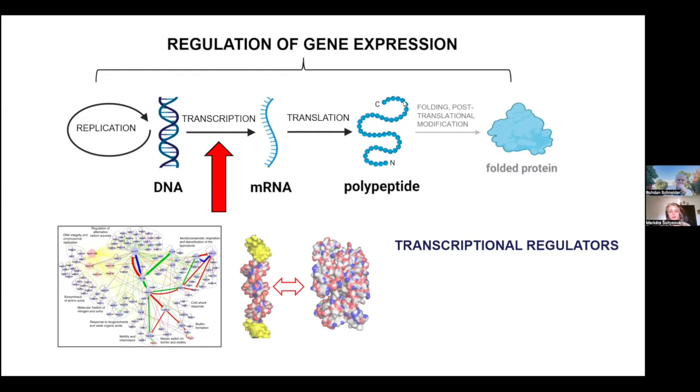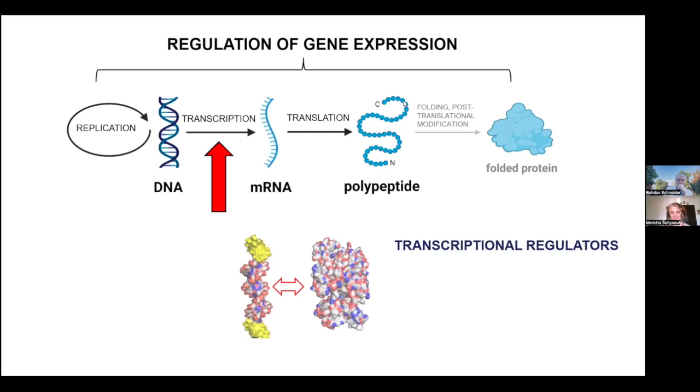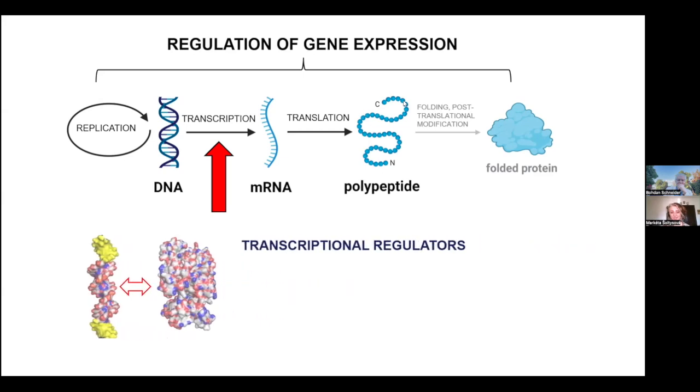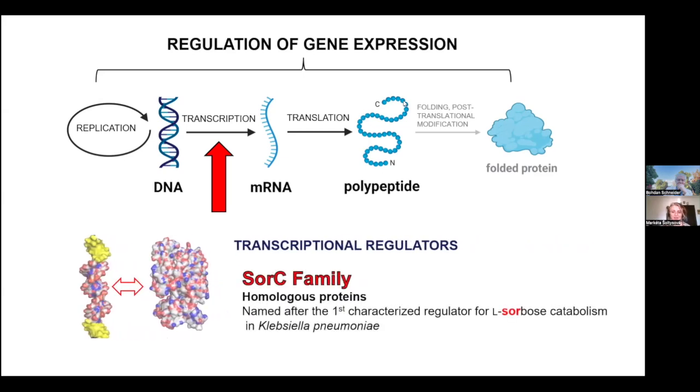These regulators are clustered into protein families based on their sequence and structure homologies, and the SorC family is actually one of them. It was named after the first characterized member, a regulator of sorbose catabolism in Klebsiella pneumoniae.